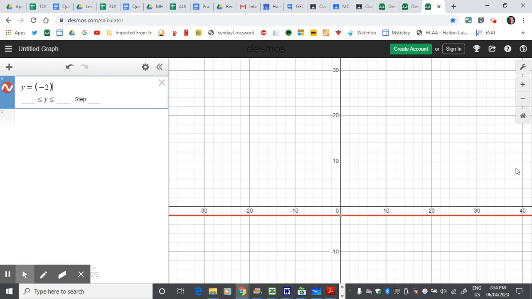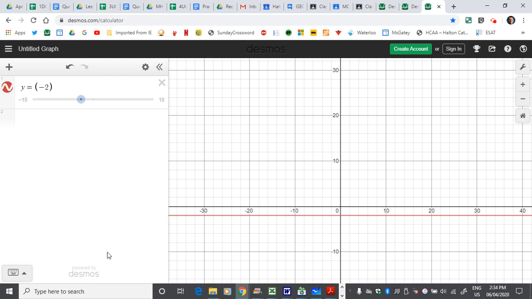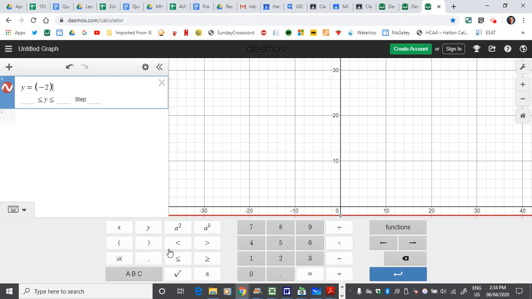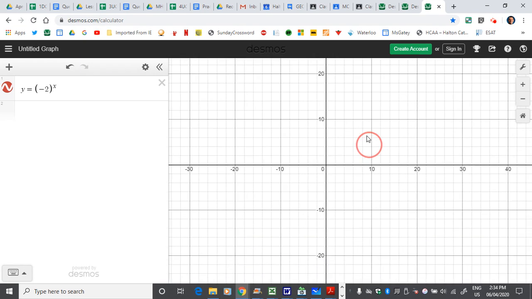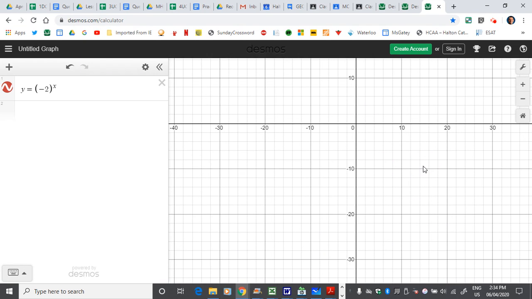Right now, what you see on the graph is y equals -2, a horizontal line along y equals -2. But if I now put an exponent of x on that, you'll notice your function disappeared.